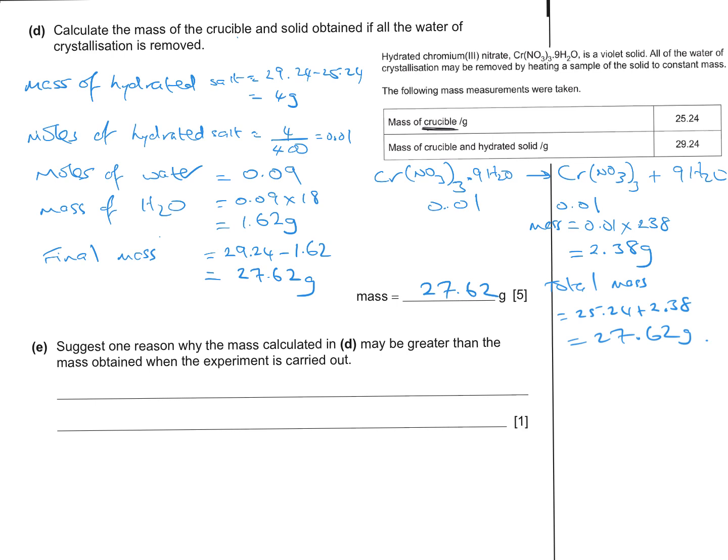This question is the same type of thing. So why might the mass calculated in D be greater than the mass obtained when the experiment was carried out? It is likely that some of the solid decomposed.